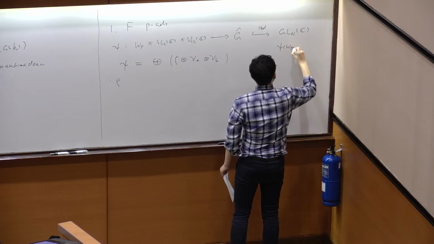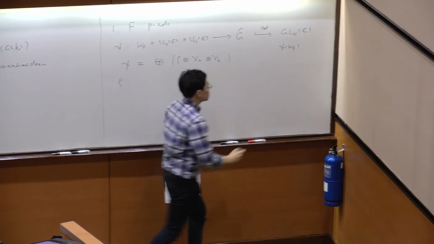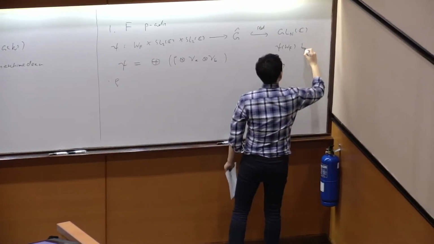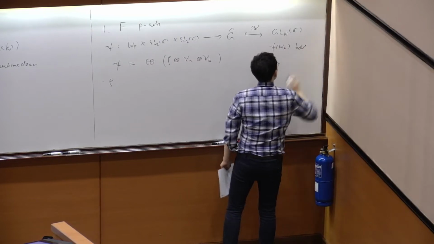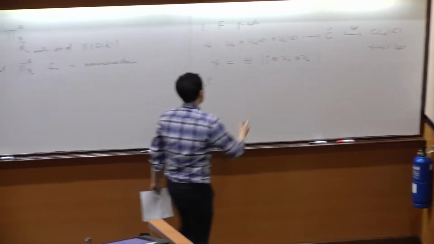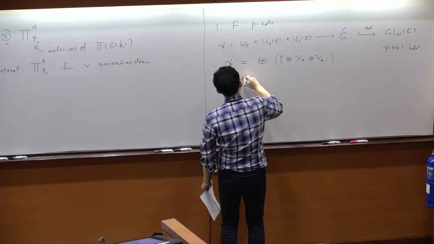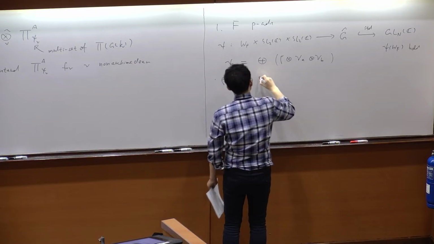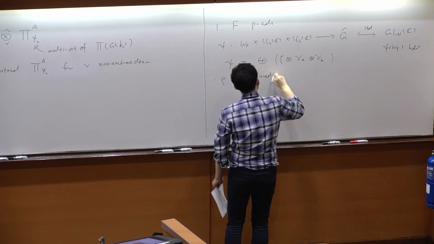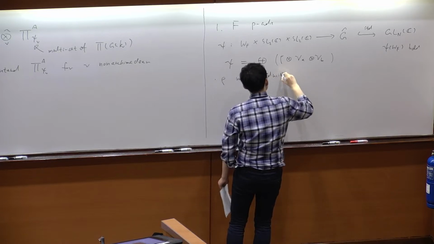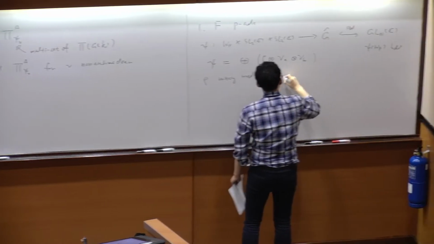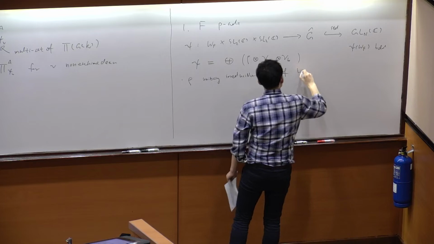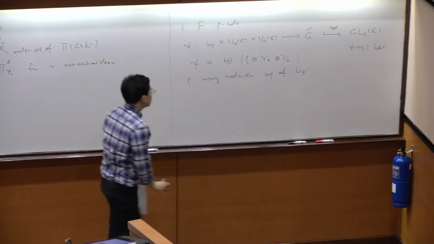It's part of the condition for A-parameters that we want the image of the Weil group to be bounded. So this rho is a unitary irreducible representation of the Weil group.